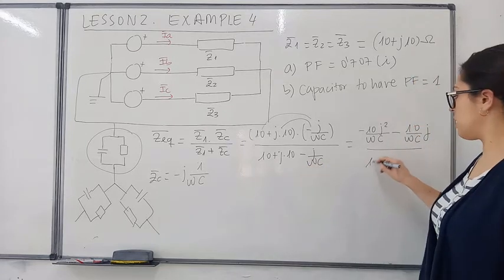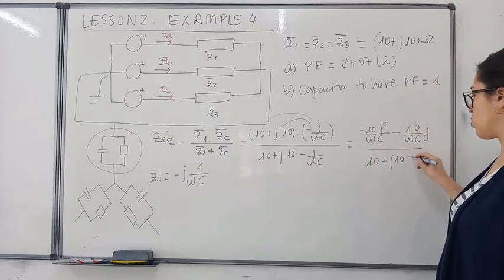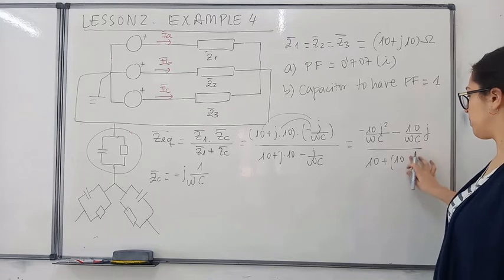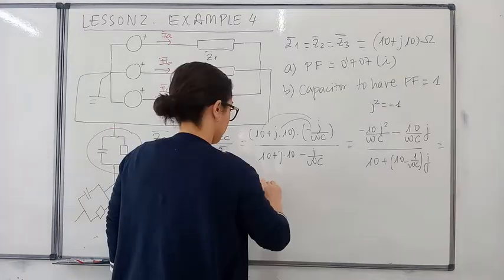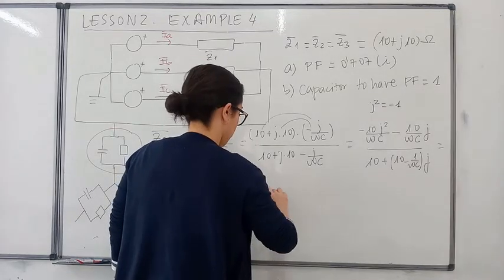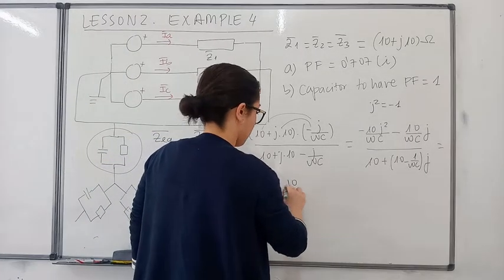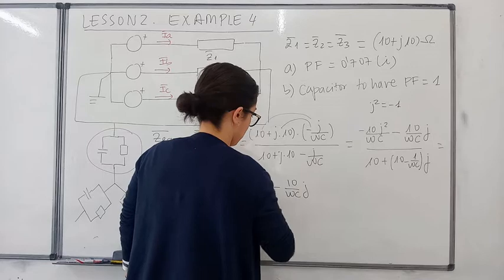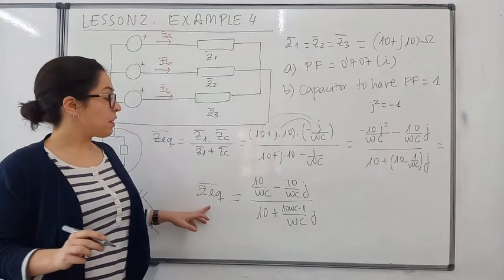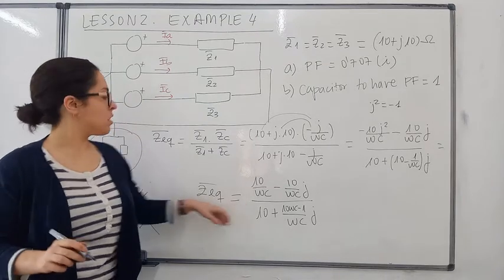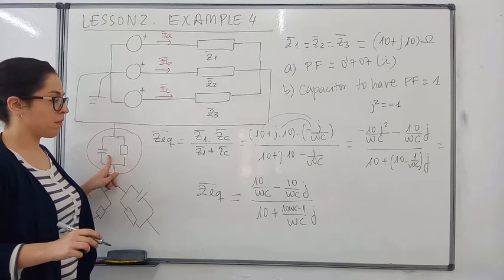Here you will have 10 in the imaginary part, and here 10 minus 1 divided by angular velocity and capacitance in the imaginary part, 10 divided by the angular velocity and the capacitance minus 10 divided by angular velocity and capacitance. And that divided by this.